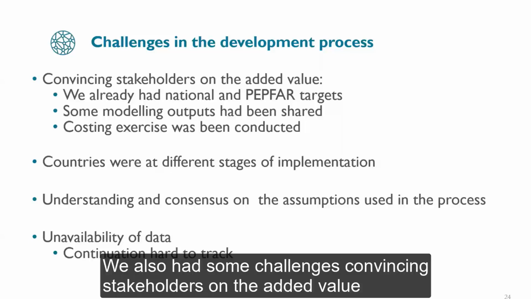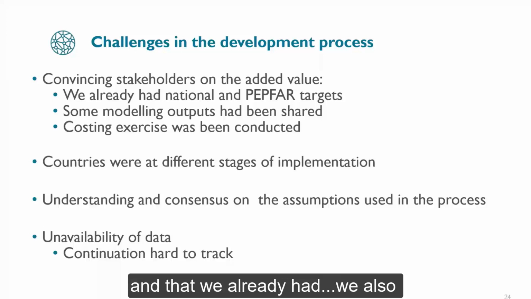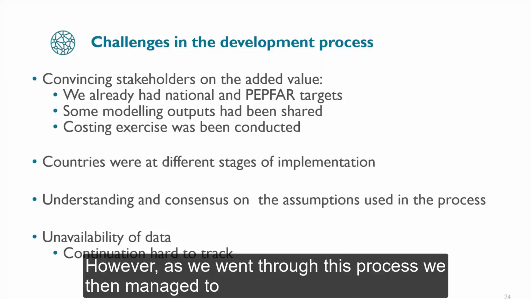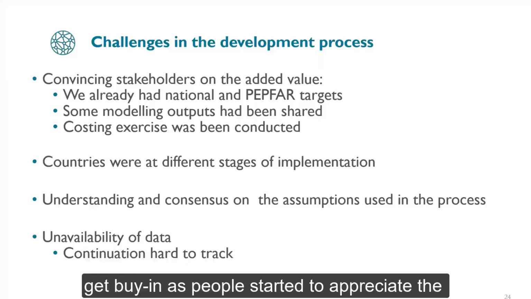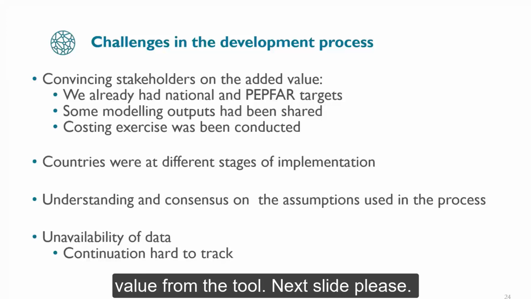We also had some challenges convincing stakeholders on the added value, given that we already had modeling and costing exercises going on at the time of initiation of the development process. However, as we went through this process, we then managed to get buy-in as people then started to appreciate the value from the tool. Next slide, please.